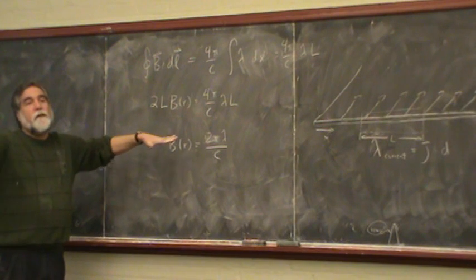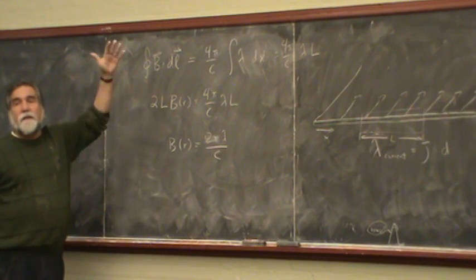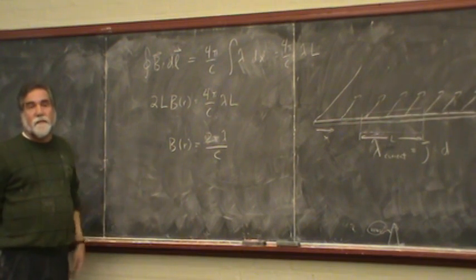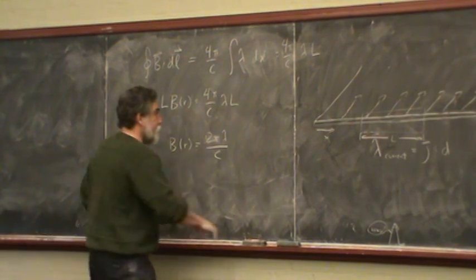For an infinite sheet of current, the magnetic field above or below the sheet is independent of the distance from the sheet.